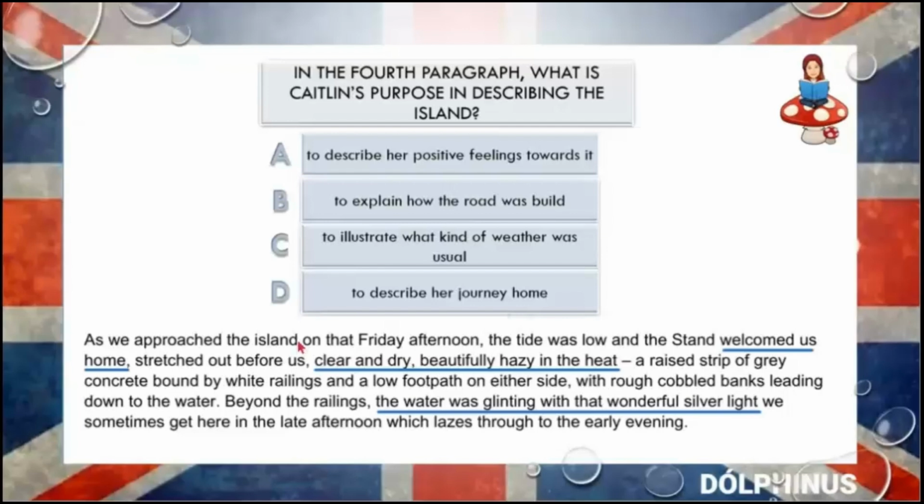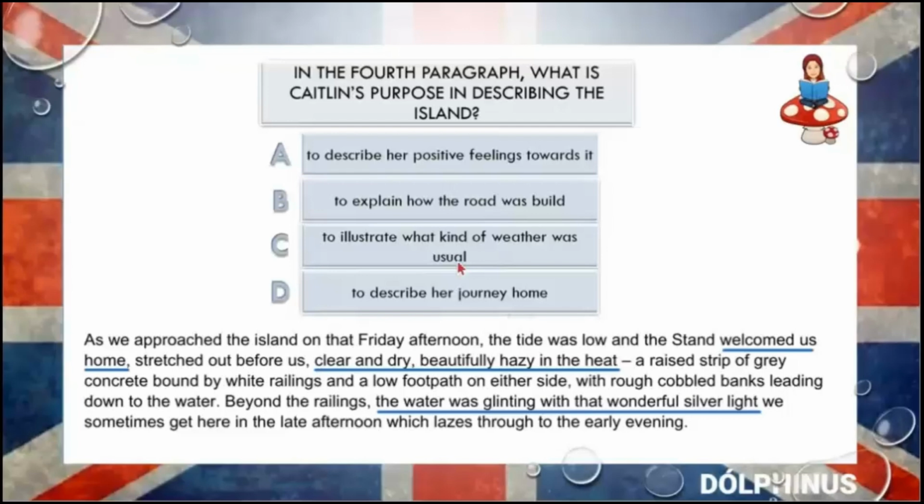But imagine that you have the doubt. The only thing you do is place a question mark at its side, and that's it. And then you continue with the next one, which would be C, to illustrate what kind of weather was usual. First, it doesn't make much reference to the weather, but especially, is it making reference to what's the usual weather there?